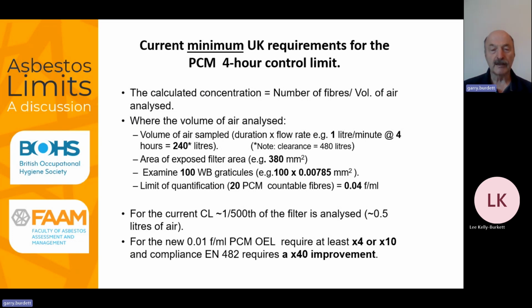That's okay if we're trying to measure 0.1, which is the current control limit. But if Europe are reducing it by a factor of 10, at least we have to get a 4 times improvement in the LOQ, and really, to keep it the same, a 10 times reduction.